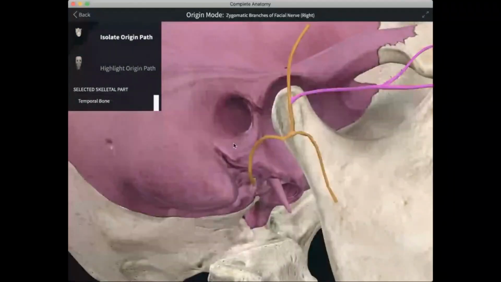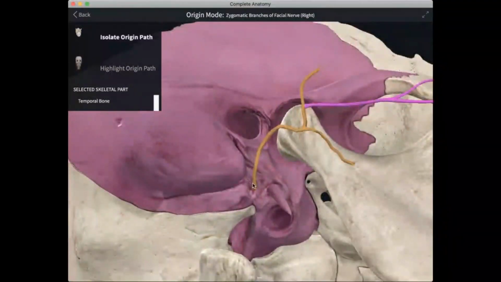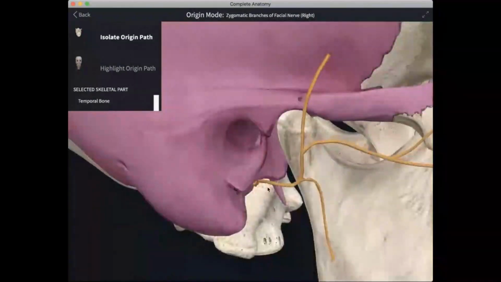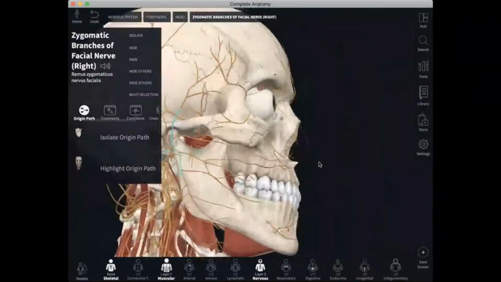The external auditory canal is here, and the stylomastoid foramen is just adjacent to that. The nerve exits through the stylomastoid foramen and then passes through the parotid gland. You have the parotid gland located in this place. I will show you that here.